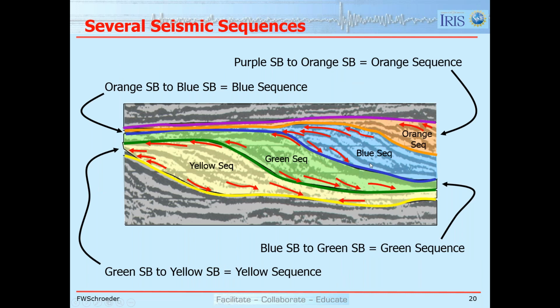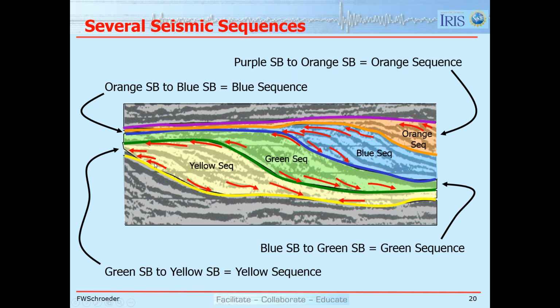There is a convention that we used at Exxon, and that was if I have a colored seismic sequence boundary, such as yellow, then the sequence sitting on top of that would be given the same name as the color of the boundary at the base. I said initially we make everything yellow.